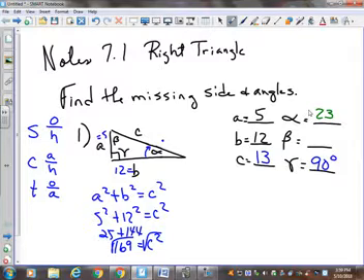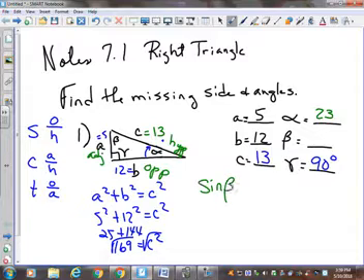Since I already know this is C, beta is opposite B and adjacent to this one and hypotenuse to this one. So just to prove to you that it doesn't matter which trig function I use, once I have all three sides, let me show you how that works from the perspective of side.